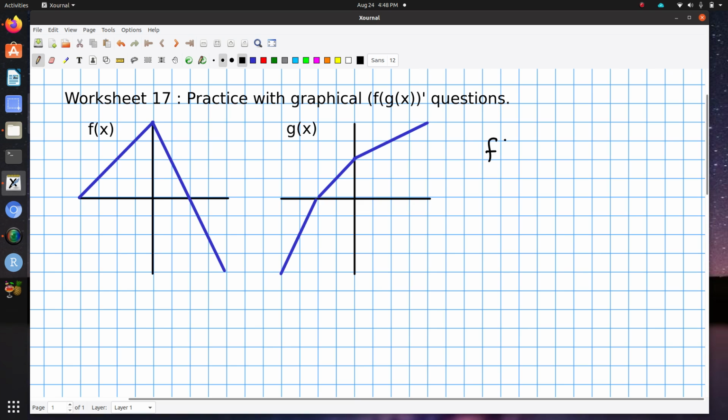f of g of x at x equals, let's do 1. Now, I don't want you to feel like these labels are permanently attached like this.